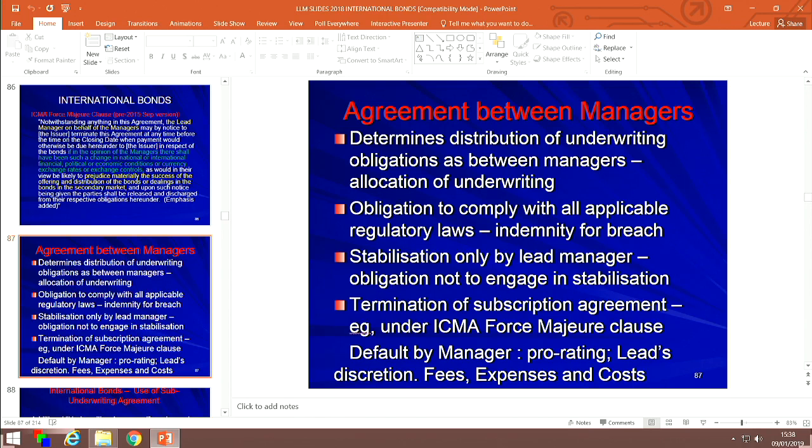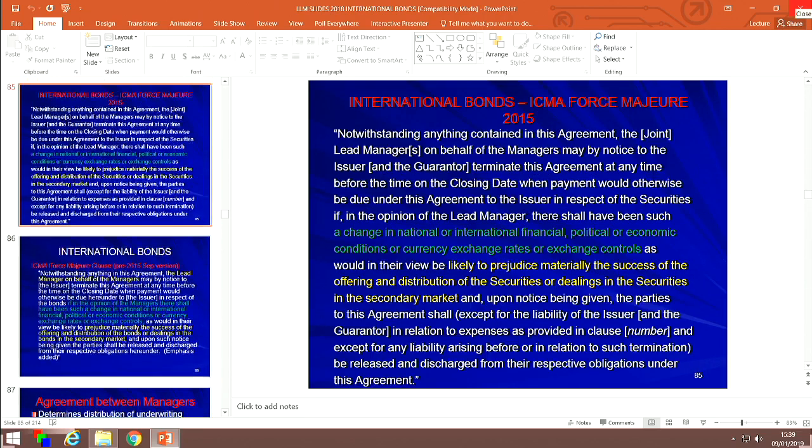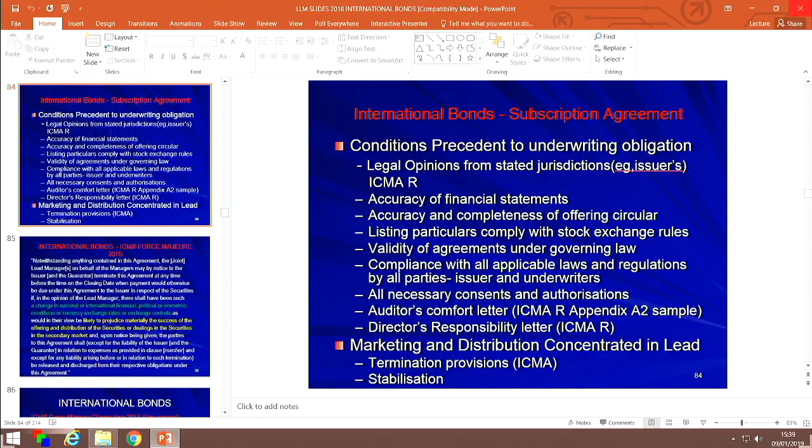The next thing it deals with is stabilization. All managers agree in the agreement between managers not to engage in any stabilizing activity in the grey markets, and that all stabilizing activity can only be undertaken by the lead manager and nobody else. That clause, by the way, is mirrored, and I didn't mention it when I was talking through, where I left it at the bottom there, in the subscription agreement.